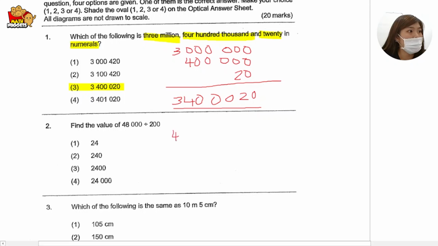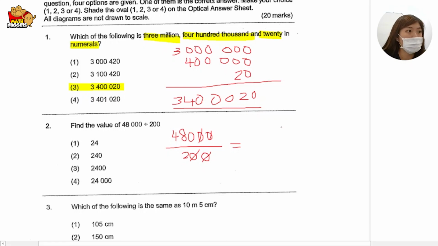Let's try to make this in a more simple form. So we cancel out the 2 0 here, we also cancel out 2 0 here. So it's 480 divided by 2.